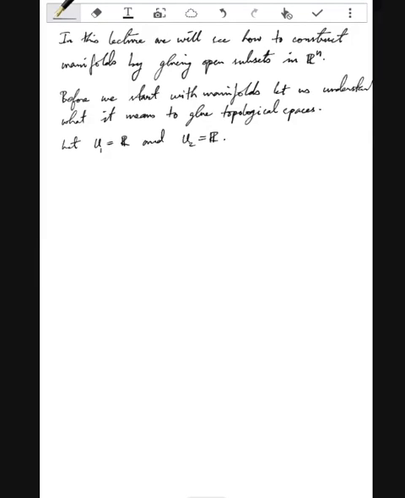I'm taking two copies of R, and let U12 inside U1 be the set where I just remove 0, and similarly let U21 inside U2 be the same set.